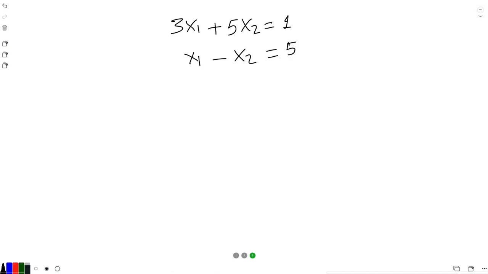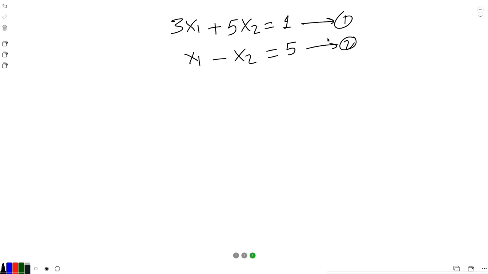This kind of equation is very commonly used in practice. We have two equations in two unknowns, and the relation between the parameters and the unknowns is linear. We would like to find x1 and x2 which satisfy both equation 1 and equation 2 at the same time.